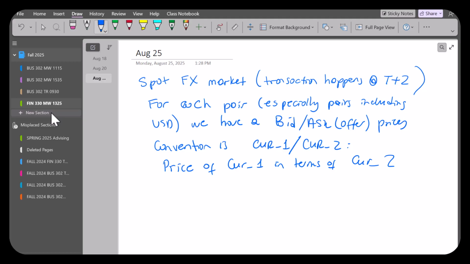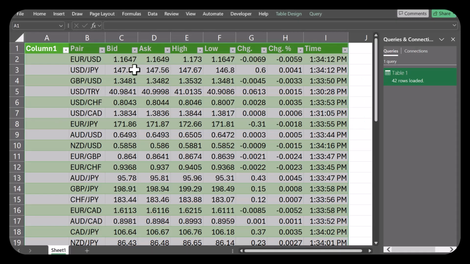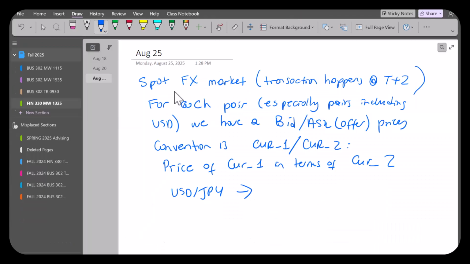So if I say USD JPY, in this case 147.55.56, that means if I'm buying US dollars, I'm going to have to pay the ask price.